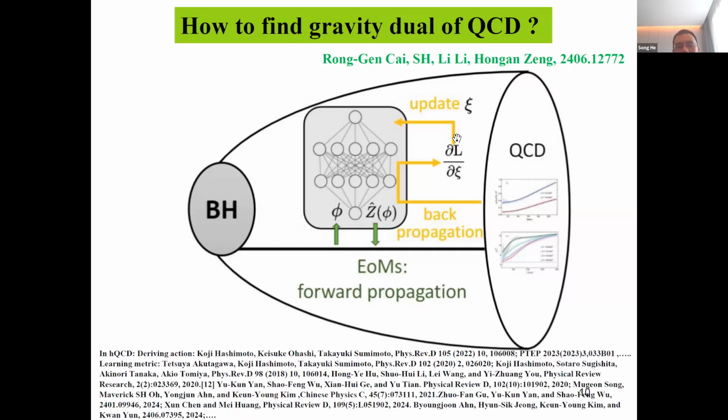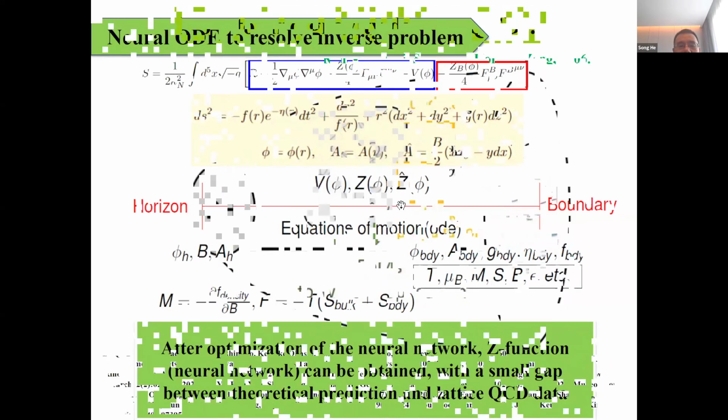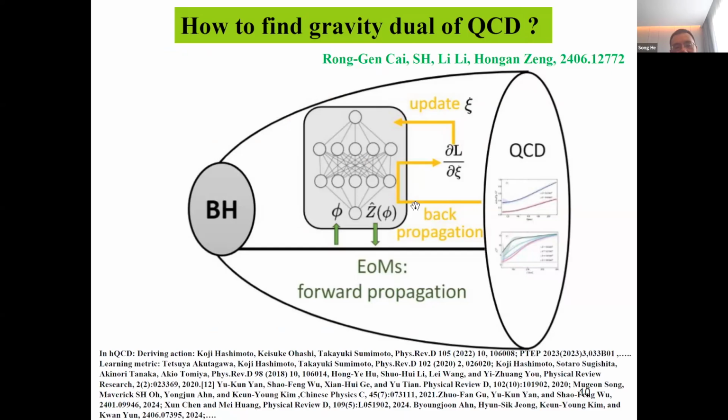Then we can use some optimization process to minimize this loss function, and back propagation to update this psi, and you can do this recursively. Finally, through the optimization process, you can determine this Z phi, Z hat phi, or V phi, etc.